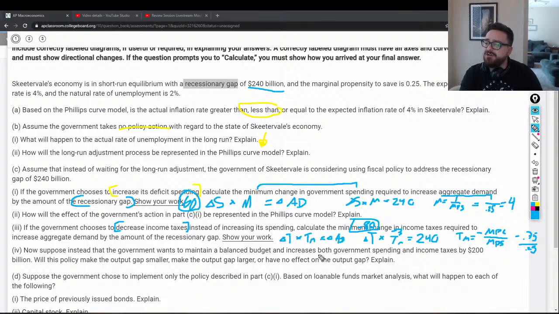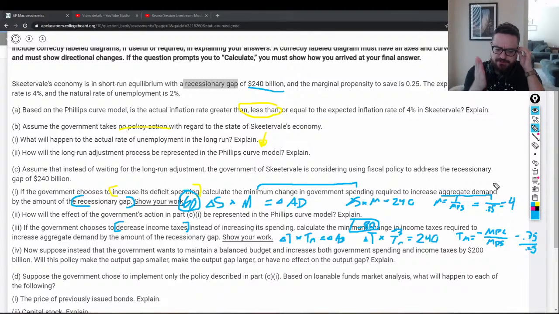If I increase government spending by 200 with our current situation, that would actually increase GDP by 800 billion, which is more than what I need. If I raise taxes by 200, remember that's bad. That would lower GDP by 600.